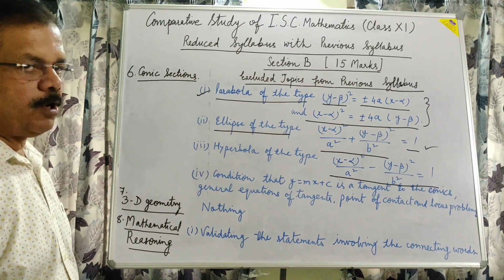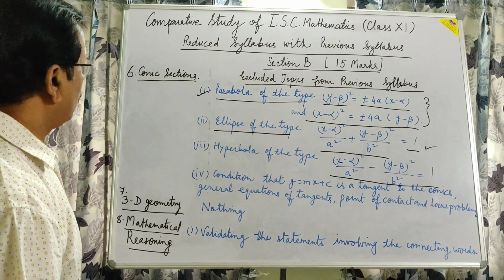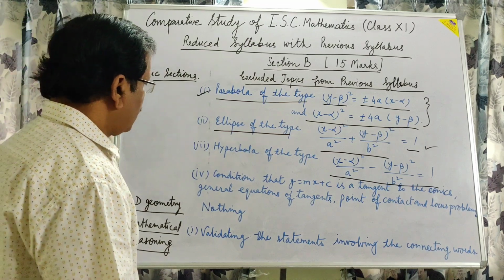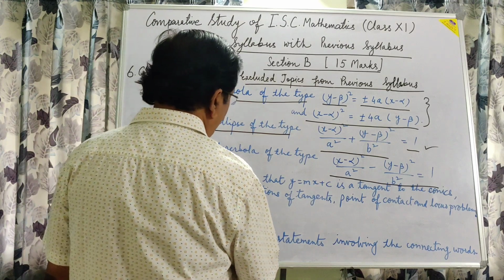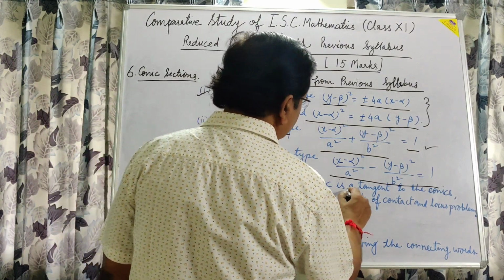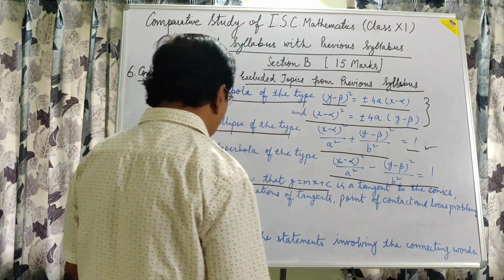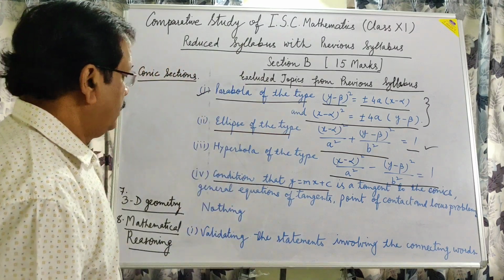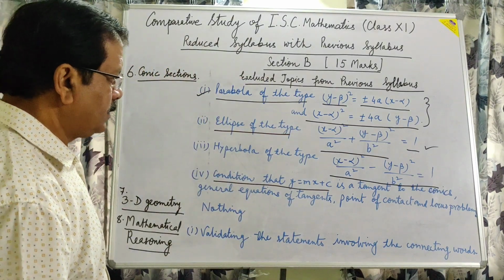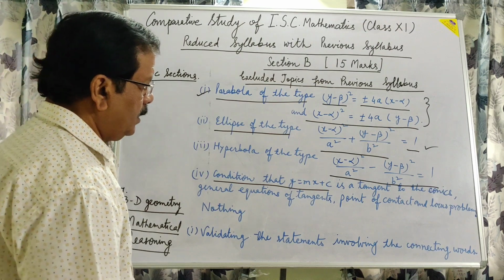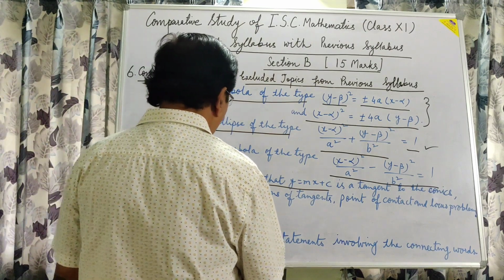And fourth subtopic from the chapter conic section, that is condition that the line y is equal to mx plus c is a tangent to the conics, general equation of tangents, point of contact, and locus problem.